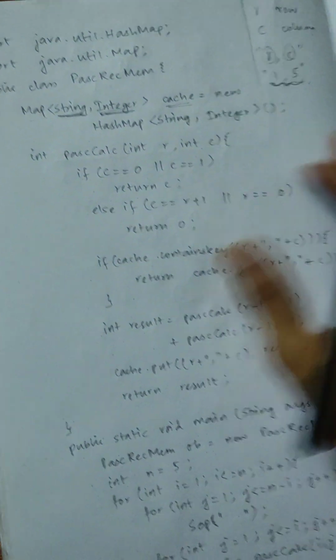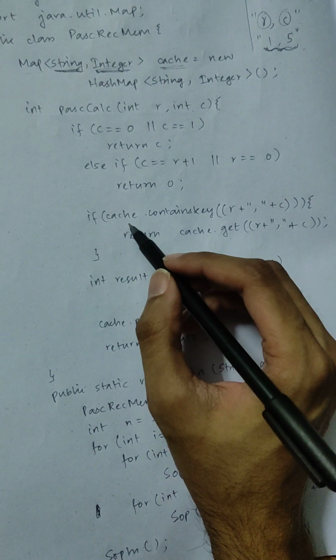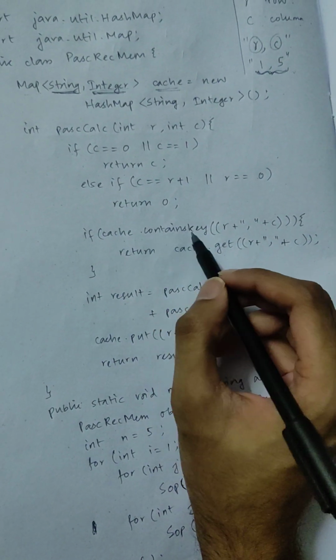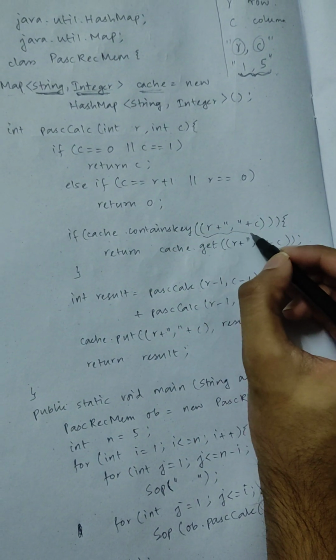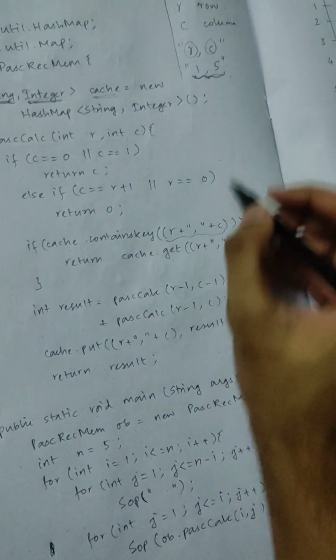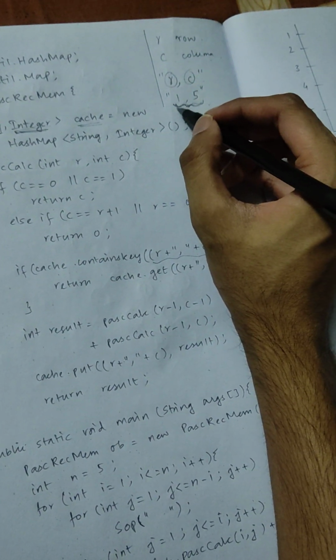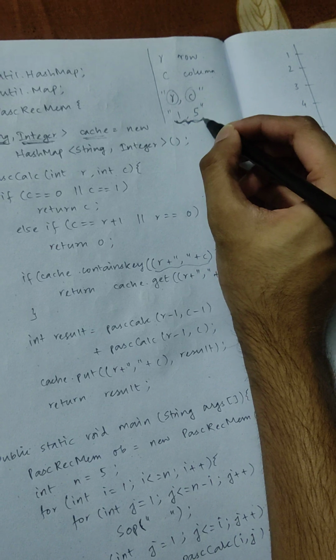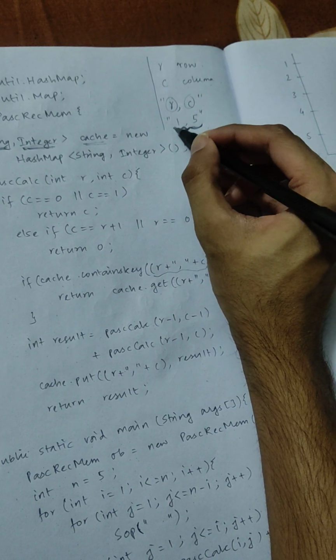The program is the same as the recursion, just I have implemented this if cache contains key, and this part makes this format of string.